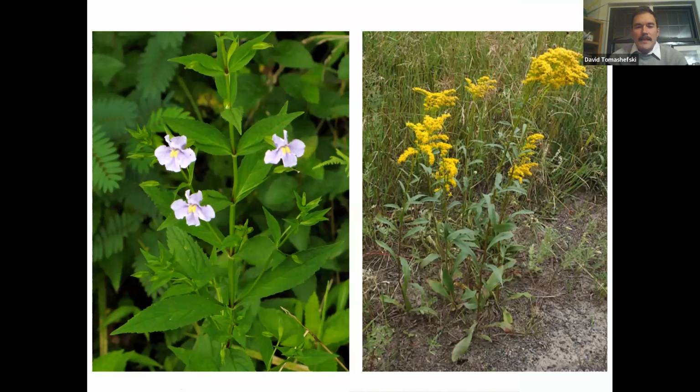So these partial shade flowers are certainly fine choices. On the left, we have monkey flower. Monkey flower does very well in part shade. You could plant it on the outer edge of your shade garden or in more of those dappled sunlight situations.